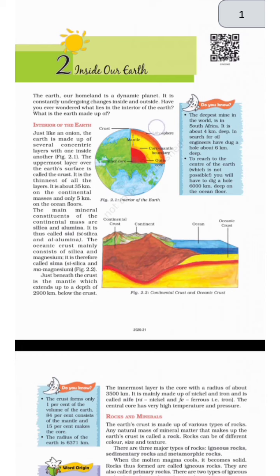Okay, it is about 35 kilometers in the continental crust. Continental crust means the land side, but the crust is only 5 kilometers deep in the ocean part of the Earth. 35 kilometers in the land part of the Earth, which is called continental mass, and only 5 kilometers in the ocean parts.